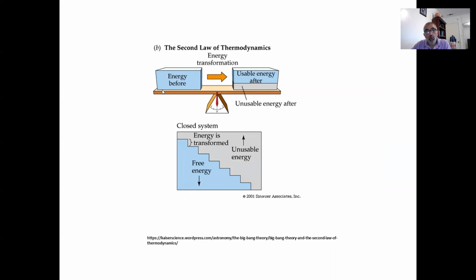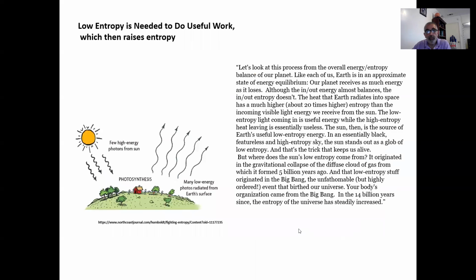So if I have a whole bunch of usable energy before, then now I have some usable energy and some unusable energy. And with time, free energy, usable energy to do useful work, decreases, and unusable energy increases. That is what the second law of thermodynamics is saying.